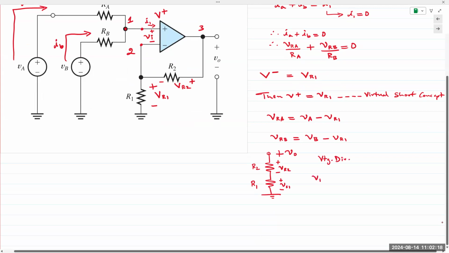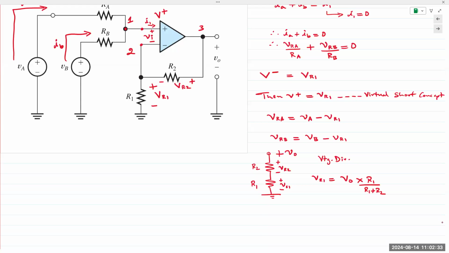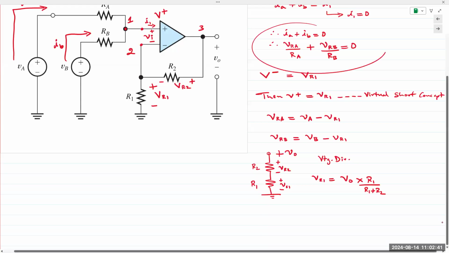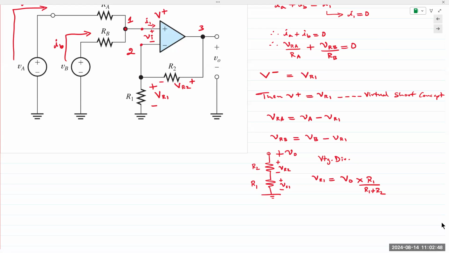So voltage division gives us VR1 is equal to V out times R1 over R1 plus R2. And that is what we want. We want V out in our expression. We take this and plug all of those into the KCL expression we found earlier, IA plus IB equals 0. And then you plug it in and we derive an expression for V out over V in. That's how you would solve this problem.